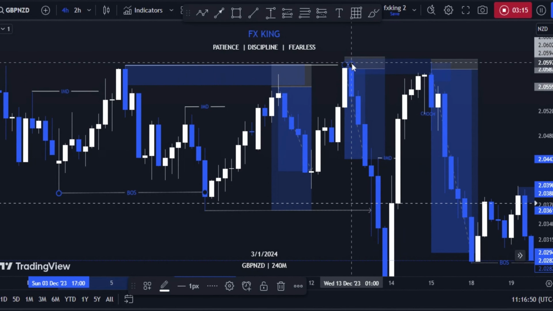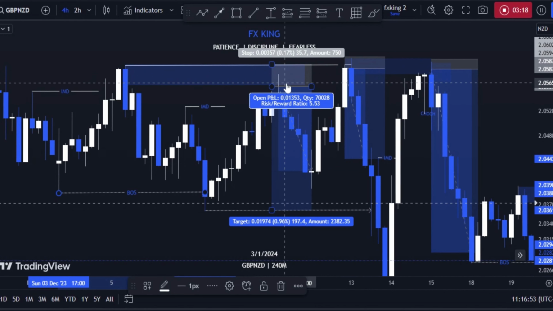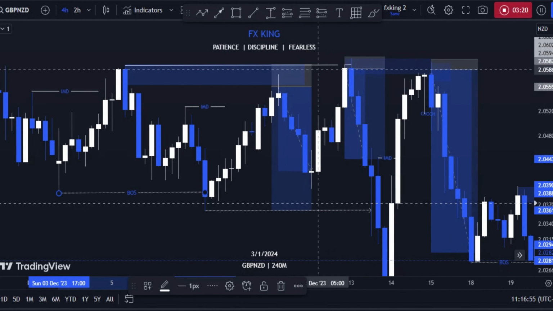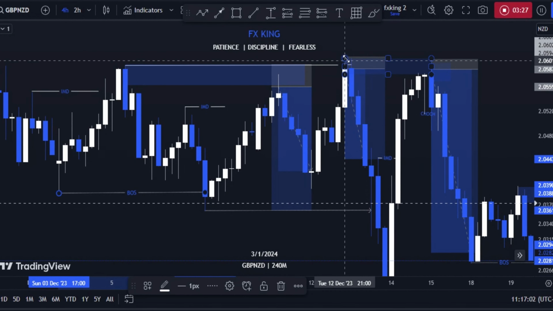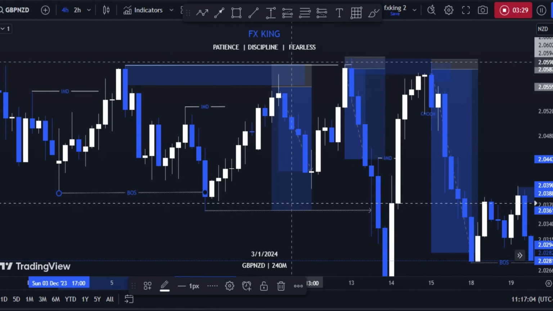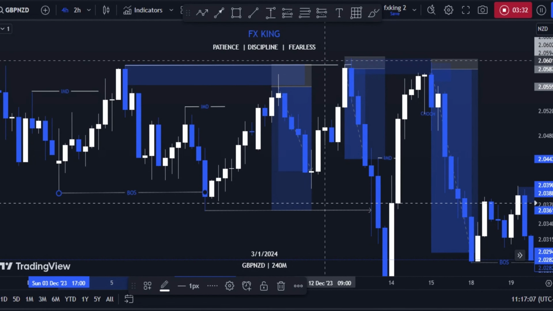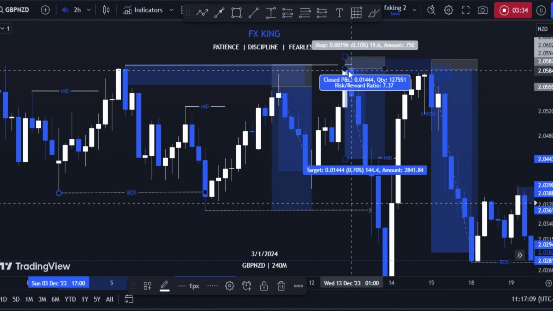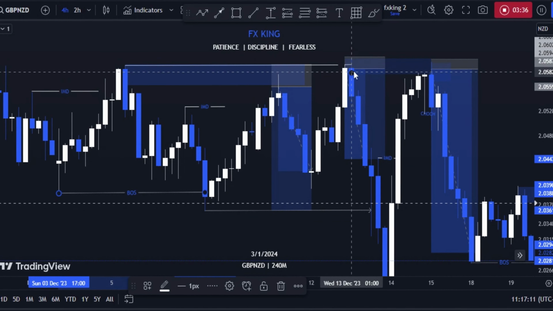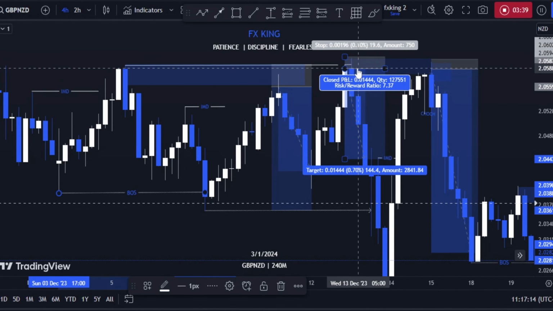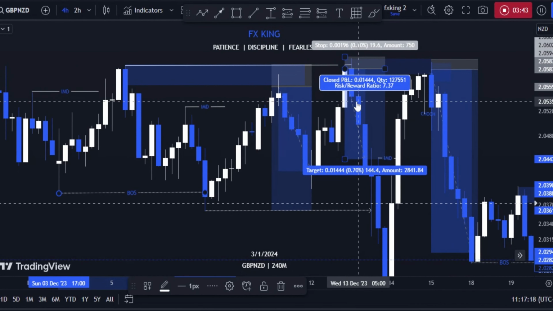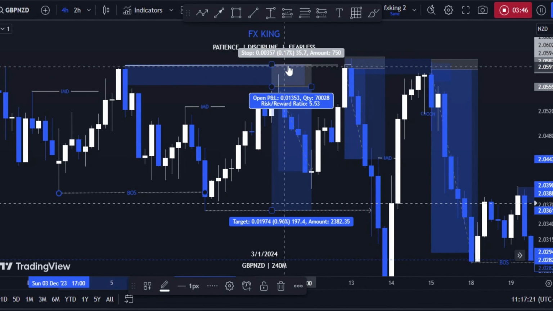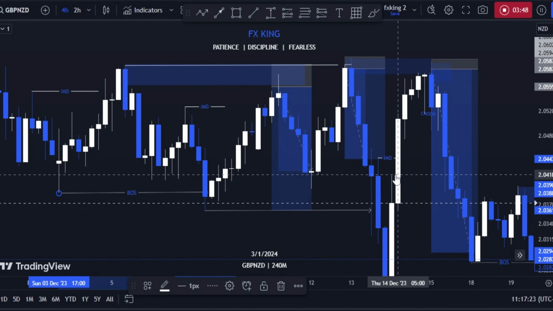So let's say you are in this trade and you are monitoring price when price is coming back up here. What you need to take into account is, if price comes up here and the candle has not closed above this zone yet, your trade is still valid. If this candle pushed above this zone, you must wait for it to close so that you know if this is a change of character or a liquidity sweep.